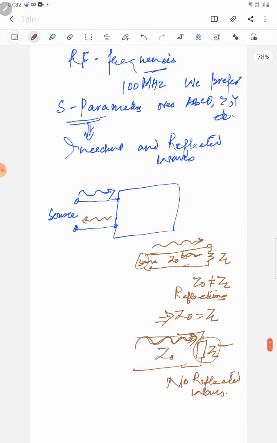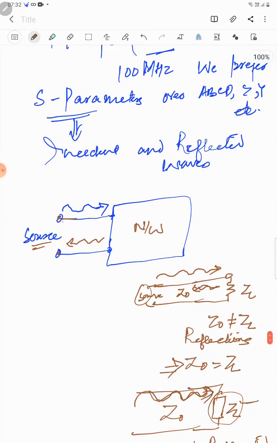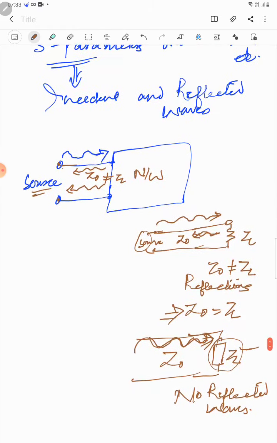Likewise, if I am connecting a network to a source as shown here, and this load impedance is not equal to the characteristic impedance, then there will surely be reflections. So this is how we define these S parameters.